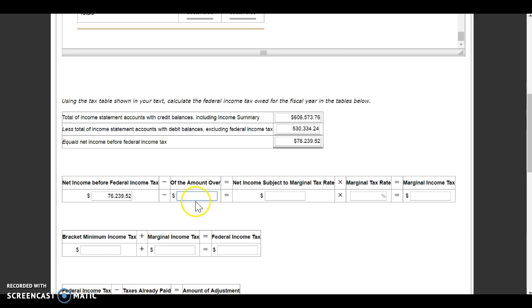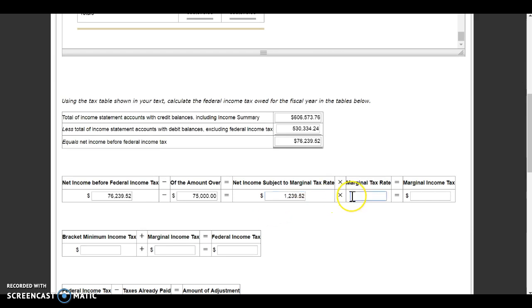Here where it says of the amount over 75,000, this will be the net income subject to the marginal tax rate. We're going to subtract those two numbers. Hopefully that's easy math for us. We should get $1,239.52.